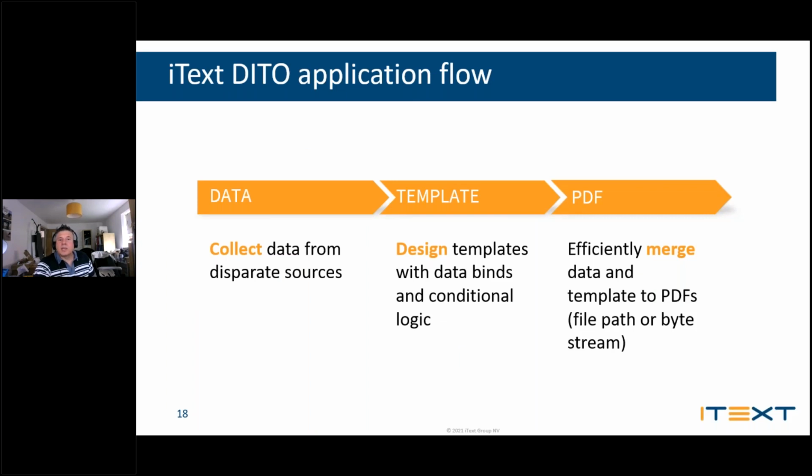The iText Dito application flow is that you collect the data, you design the templates, and then you merge that data into the templates to produce thousands or hundreds of thousands of documents. The iText Dito SDK, or REST API, is available in two flavors.